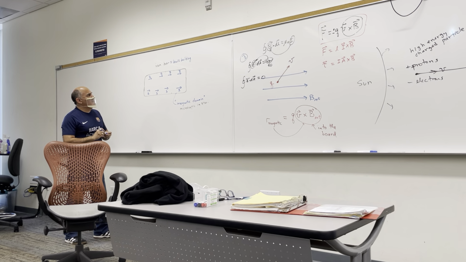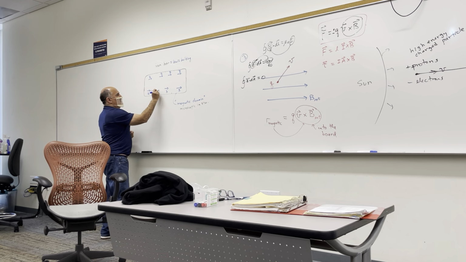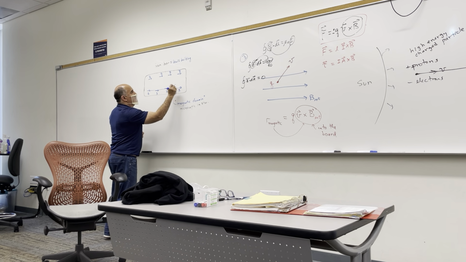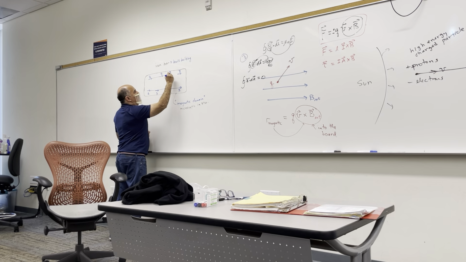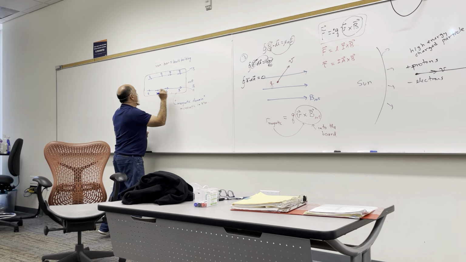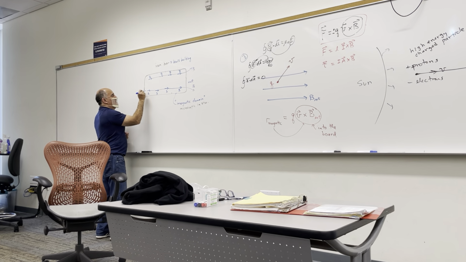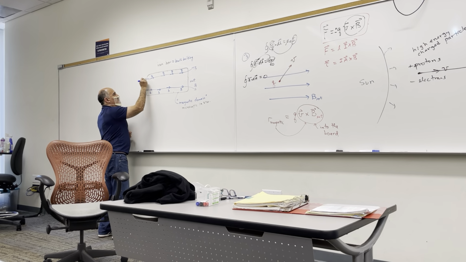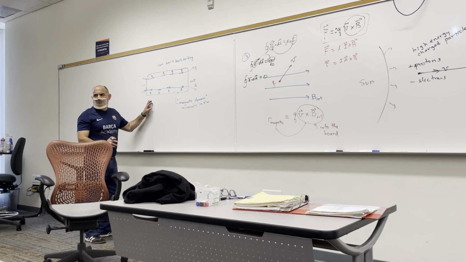But wait a minute. You can then say that the magnetic field line comes out over here. Well, it must have been coming in over here, right? And did we talk about this last time or no?